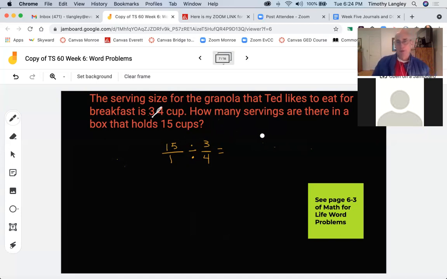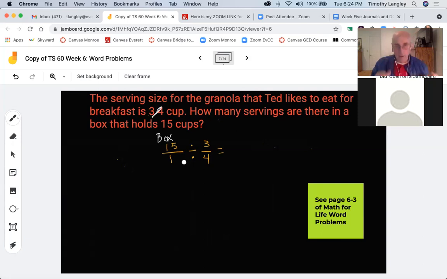This is a division problem, just to tell you flat out. You've got a box of cereal here, and it holds 15 cups. There's your 15, and they want to know how many 3/4 size servings you can get out of this box.